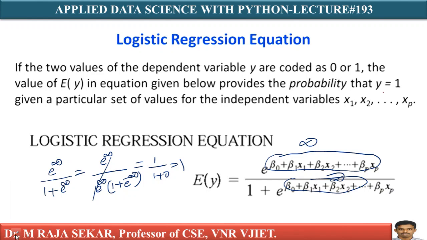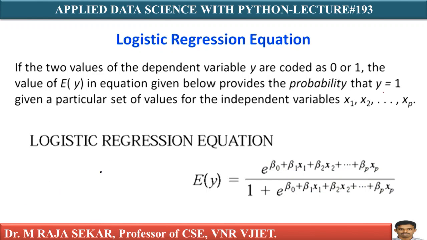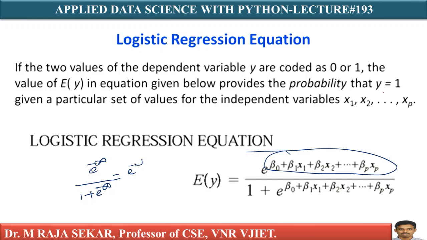Its maximum value is 1, isn't it? What is the minimum value? This may be minus infinity: e power minus infinity by 1 plus e power minus infinity. If I take e power minus infinity common, what happens? 1 by 1 plus e power infinity. E power infinity is infinity, and 1 by infinity means 0.